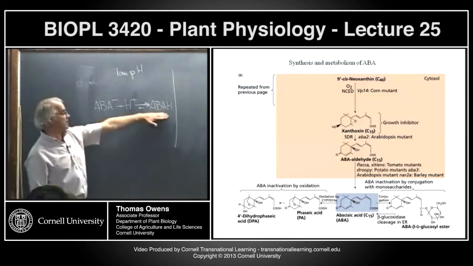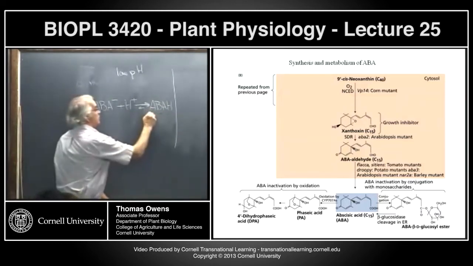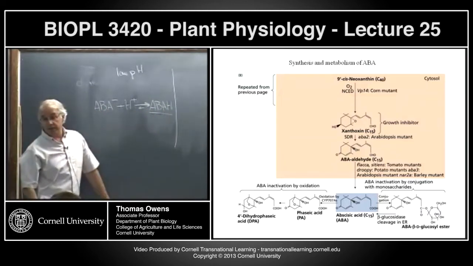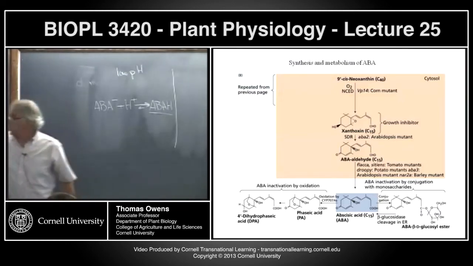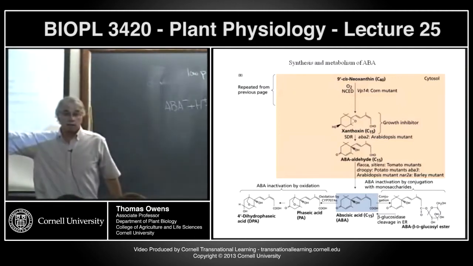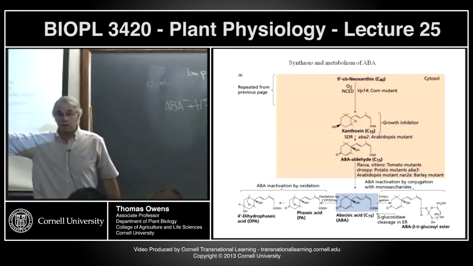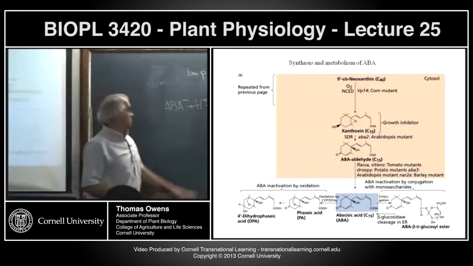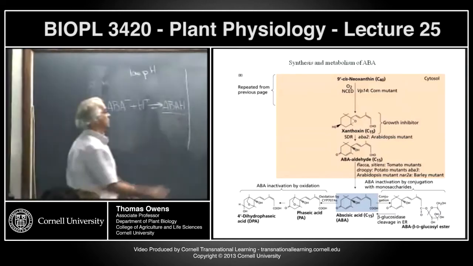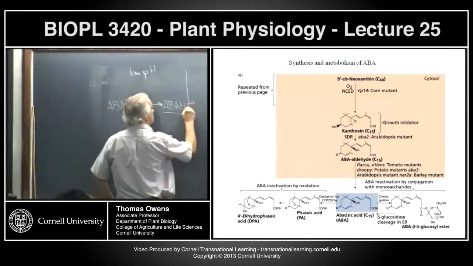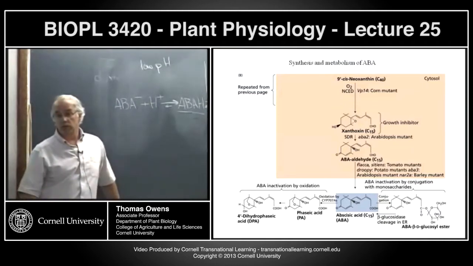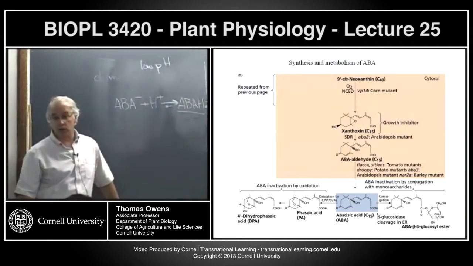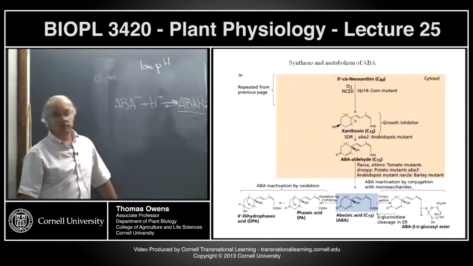So we would expect the protonated form to dominate in the low pH regions. But because of the structure of ABA, it's a pretty hydrophobic molecule. So when it's in its neutral form, ABA can reversibly move back and forth across membranes. You don't need a transporter to get ABA into and out of cells.